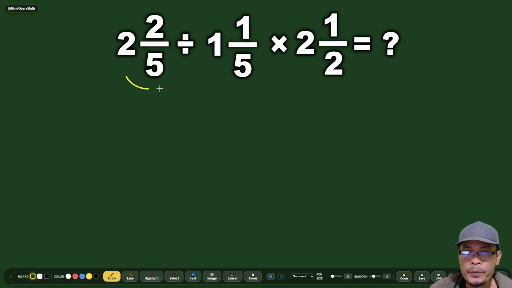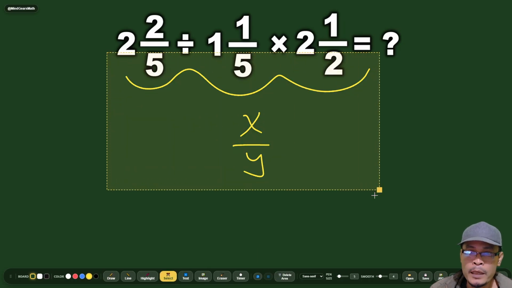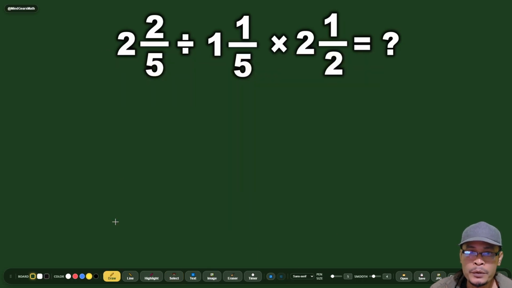To solve our problem, we have to convert our mixed numbers to improper fractions, step by step. Let's take 2 and 2 over 5. Multiply the whole number 2 by the denominator 5, that's 10. Then add the numerator 2, equals 12.